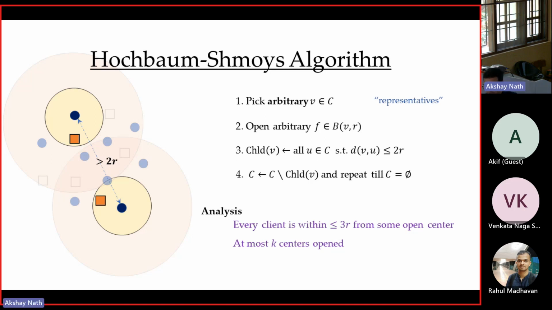The key thing to remember, which will come back again, is that these yellow balls are all disjoint by design. And that's it. We've solved that yellow box problem, and this leads with the outer wrapper to an efficient 3 approximation. Questions?